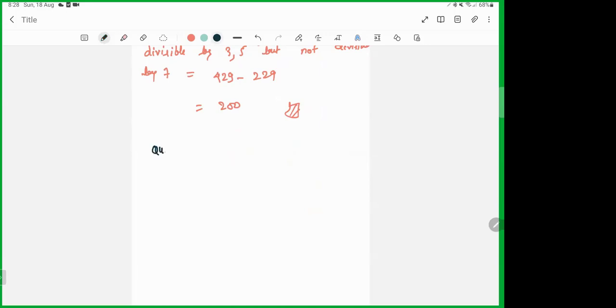The question: give a combinatorial proof of the following identity.